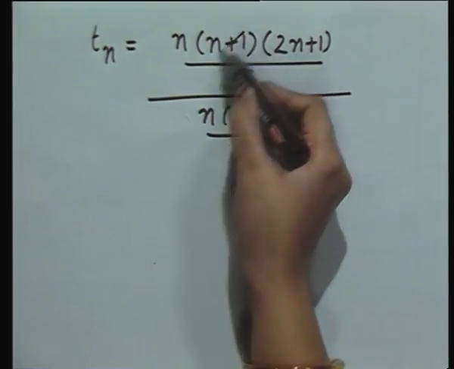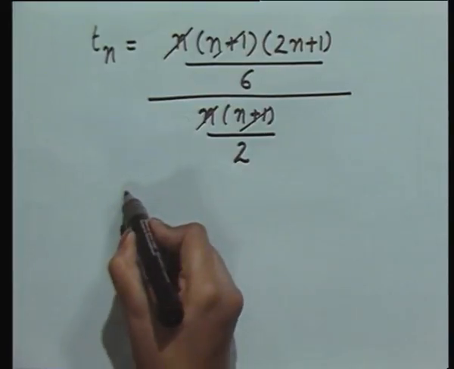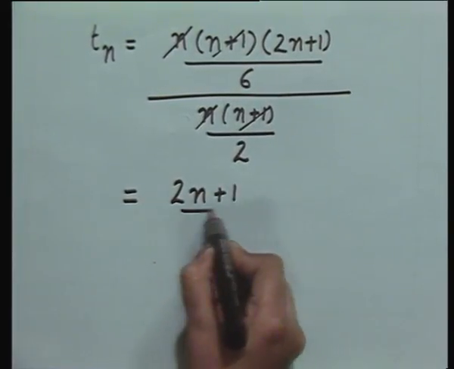So we have used the result in identifying the nth term only. We have yet to calculate the sum. So remind yourself, the question is not going to be over right now. This of course gets cancelled, n plus 1 and n, and this will be simplified to only 2n plus 1 by 3.